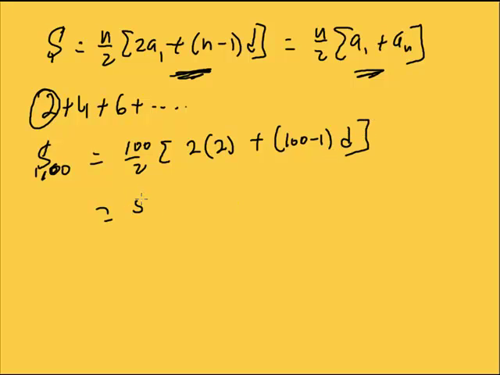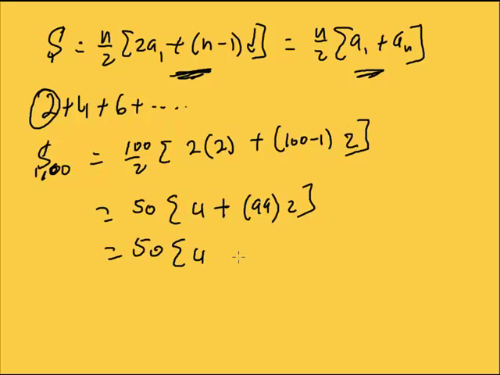That's really 50 times 4, and my difference, I know my difference, so I might as well put that in right now. Difference is 2, so I'm going to get 4 plus 99 times 2. If we keep going, that's going to be 50, all that times 4 plus 198, and then that will be 50, all that times 202.